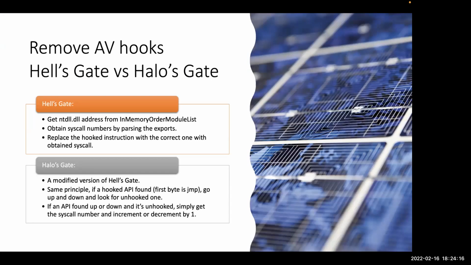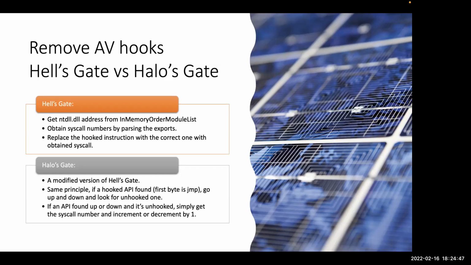Sometimes the antivirus, let's say Defender, will place some hooks on those APIs that make system calls. So eventually, when you're making an API call, it will go to the system call in the NTDLL to make this API call happen. Defender, for instance, will put a jump there, not on all the APIs, but on some of them.